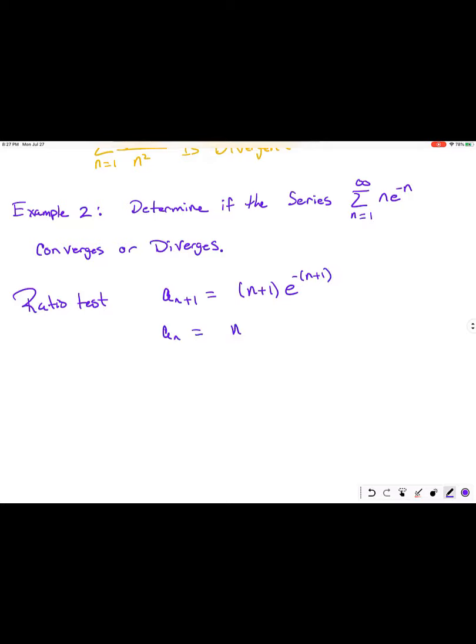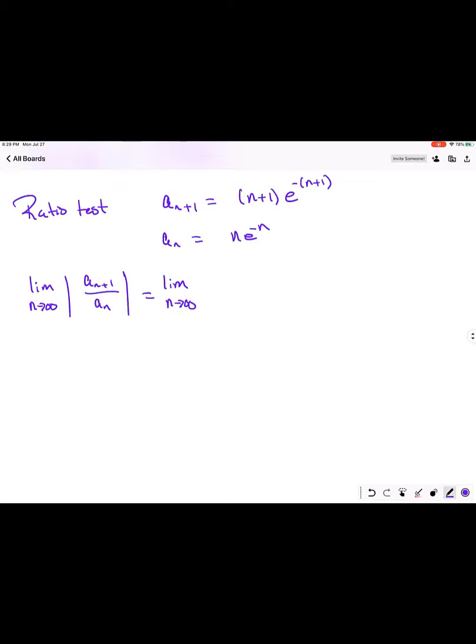And my a sub n is equal to n times e to the minus n. So I need to find the limit as n approaches infinity of the absolute value of a sub n plus 1 divided by a sub n. That's equal to the limit as n approaches infinity of the absolute value of n plus 1 times e raised to the minus n plus 1, all divided by n times e to the minus n.